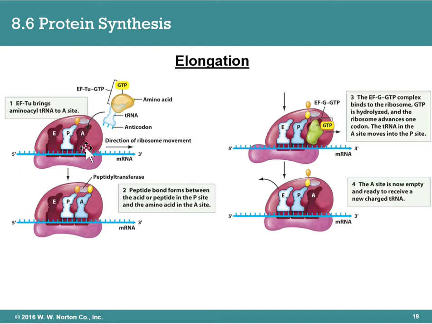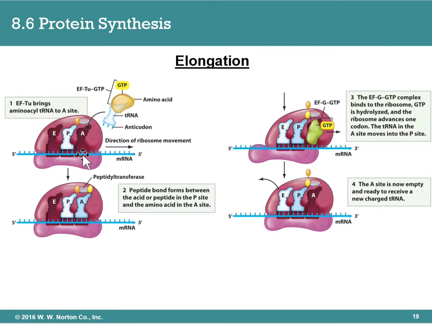So what you do is that you have this A, so there is an E, P, and A, as you see in the 50S, so that it has 3 sites. So the idea is that tRNA is going to come in and add the amino acid to that A part.